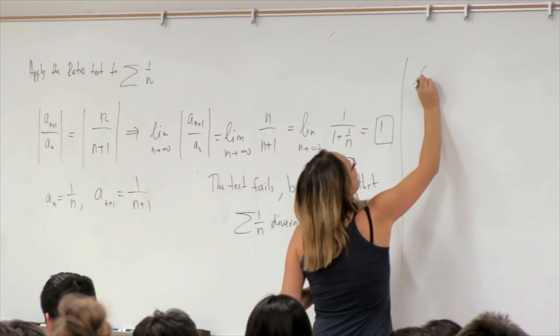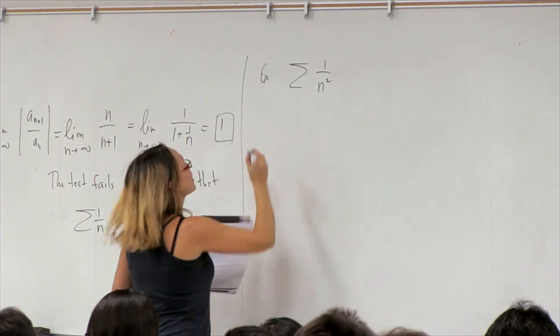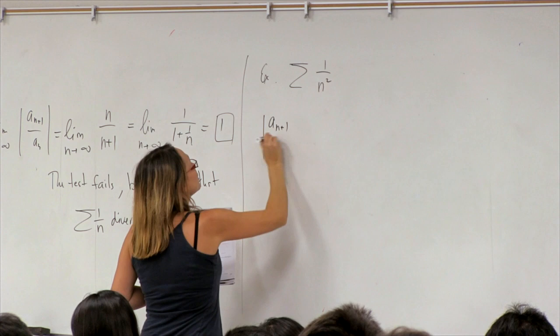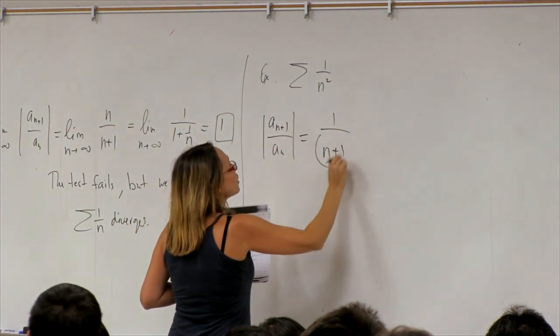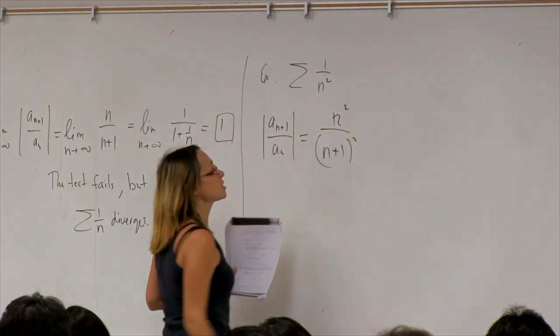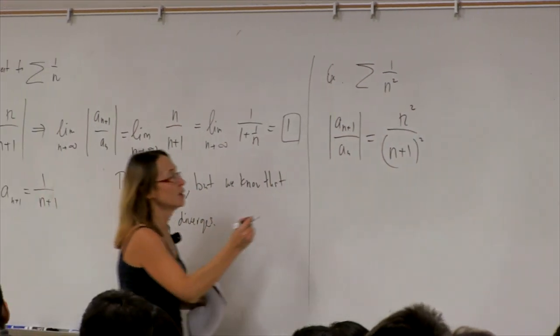So let's consider 1 over n squared, right? So what is an plus 1 over an? We have n plus 1 squared over n squared. Okay, the same thing but with squares. Now take the limit.